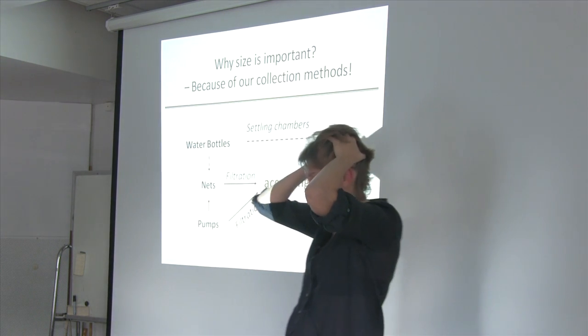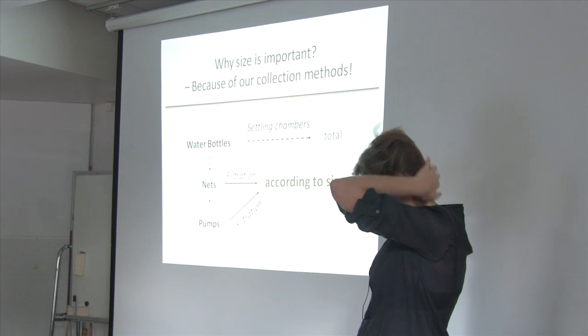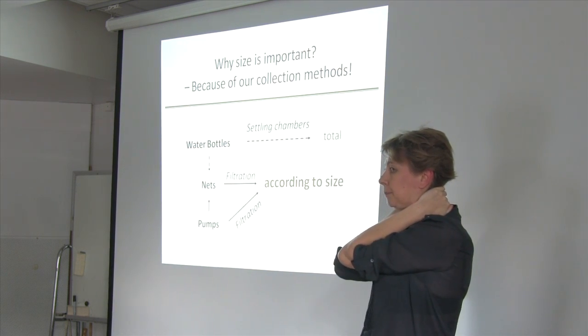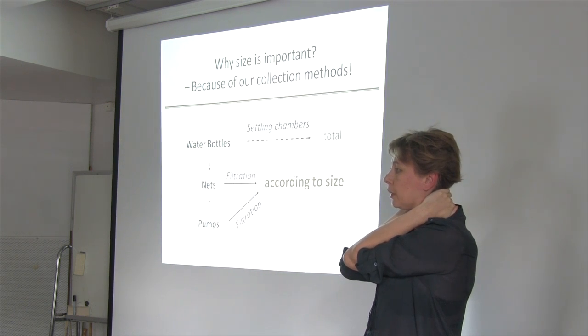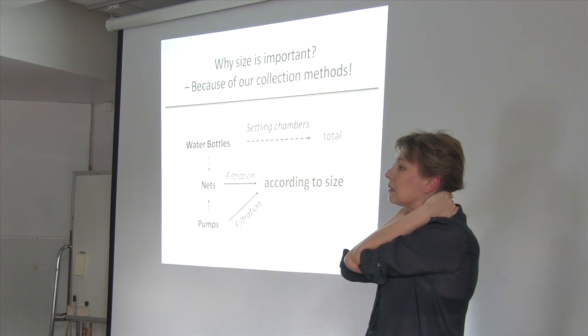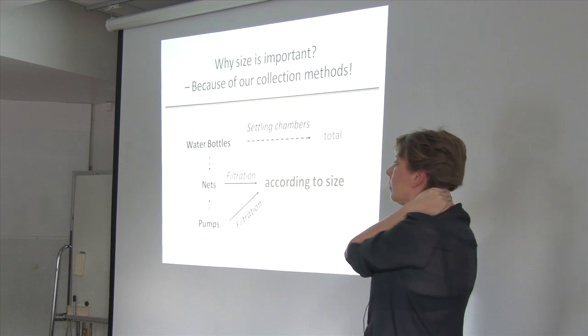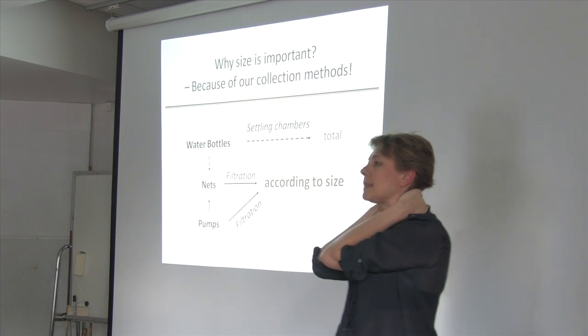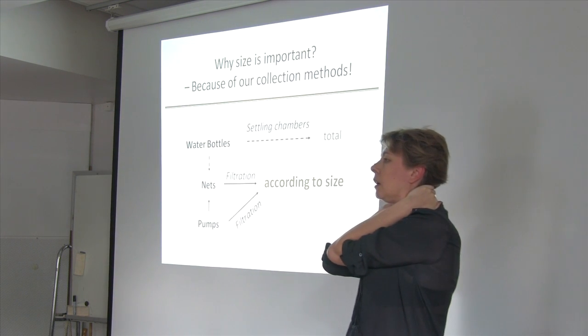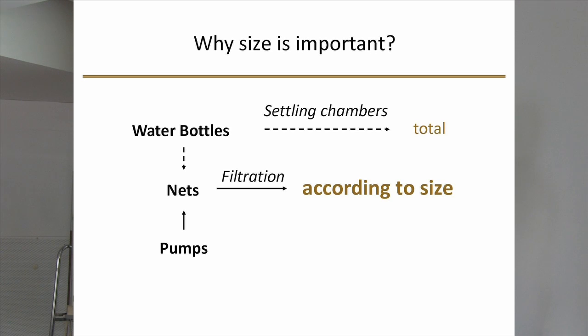Size-based sampling and size-based analysis is common in plankton research, and it goes not just for zooplankton but for phytoplankton as well, because the way of collecting samples is tied up to filtration.